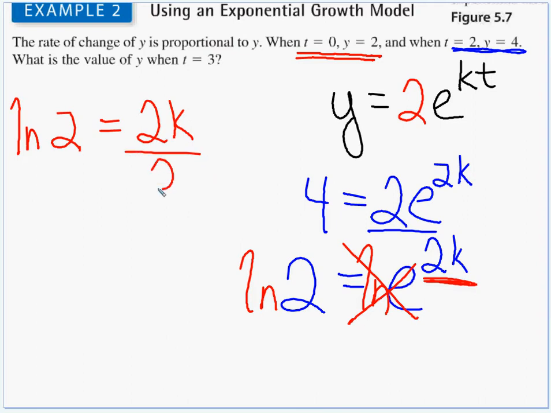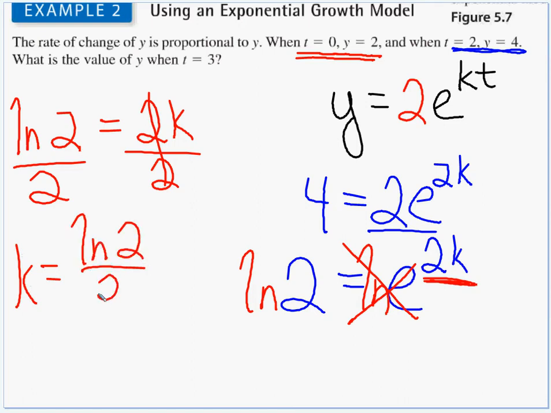To get k alone, divide by 2. k equals natural log of 2 divided by 2. Now let's find this as a decimal. k is approximately, and we always take things to at least 4 spots in calculus, when we punch that on the calculator, we get approximately 0.3466.